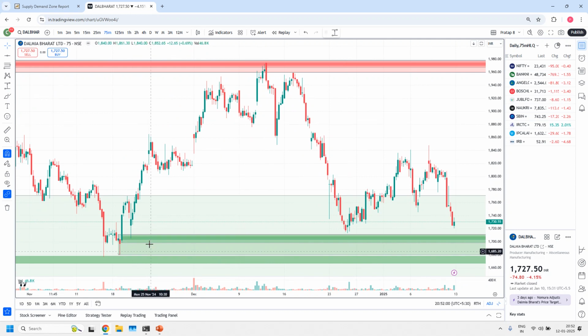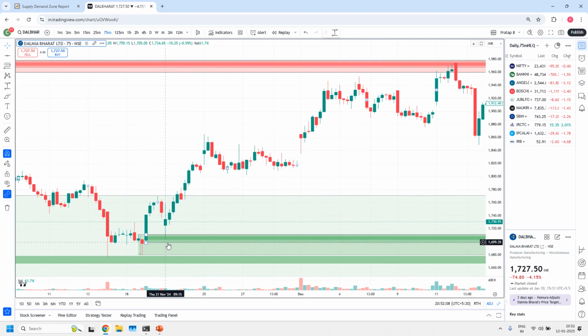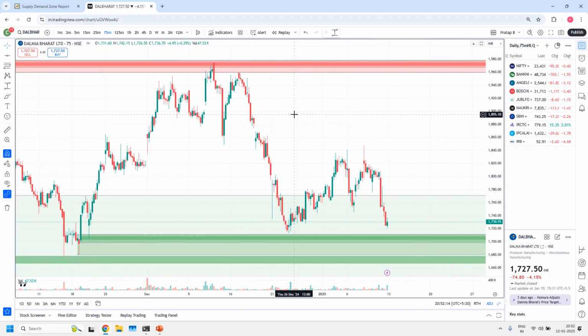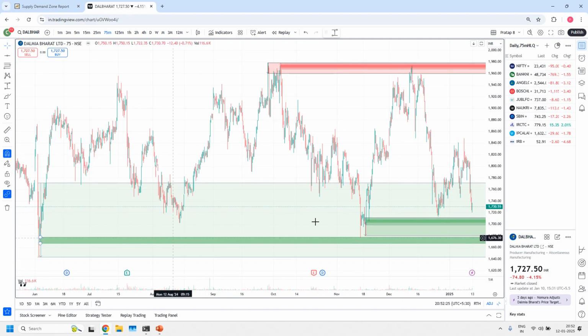Okay, there is one more fine-tuned drop base rally. This is the fine-tuned 75-minute zone. Previously, we have drawn it. And this is also a tested zone. So, it picked up the orders and moved up. All this analysis I did earlier. In one of the HLQ zone analysis videos, we might have discussed all this, how I explained this. But I will keep this analysis because it is from the daily zone.